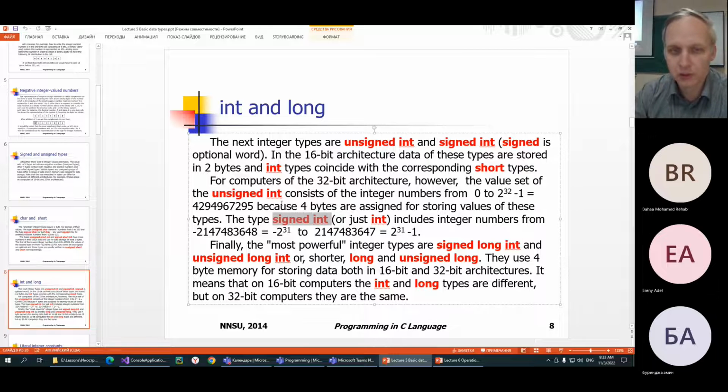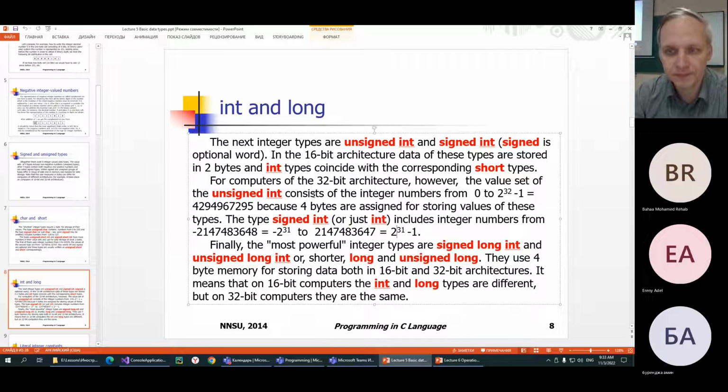If you use just int, by default this data type is considered a signed integer, with positive and negative values. The range of representation is from minus 2 power 31 up to 2 power 31 minus 1, approximately plus or minus 2 billion.